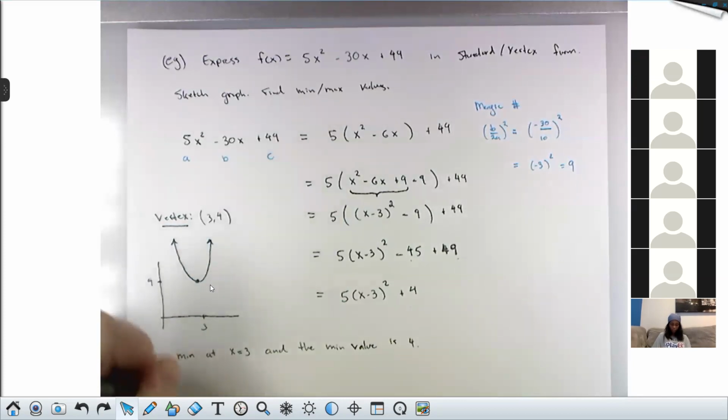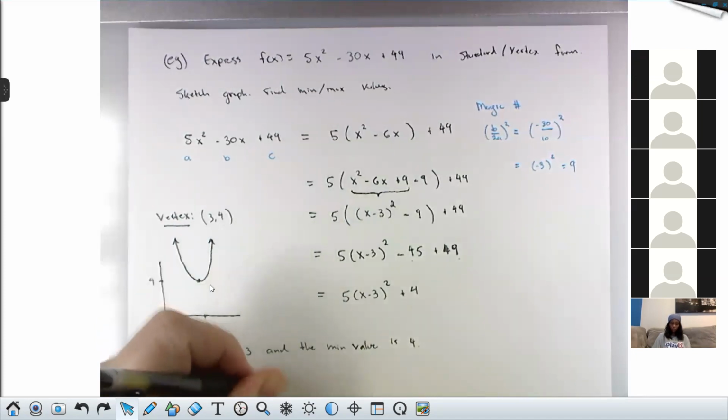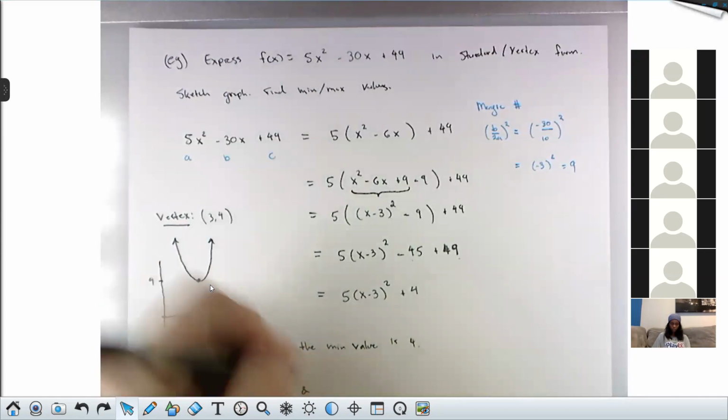So, finding x-intercepts. Quadratic formula.